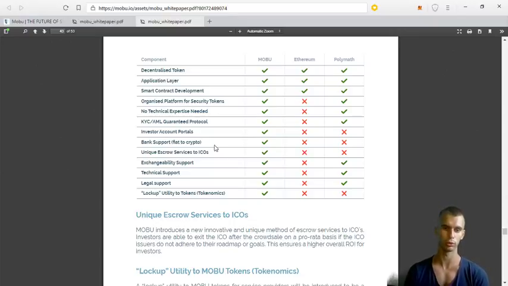So you are able to get a refund because they are not following the roadmap, and for whatever reason, either they stopped developing the project, or they were unethical. There will be tokens in the escrow service and you will be able to withdraw them if they don't follow the roadmap. So that's a very good security for the investors. Investors will be protected from unethical, scammy ICOs, and that's, I think, a very good feature.